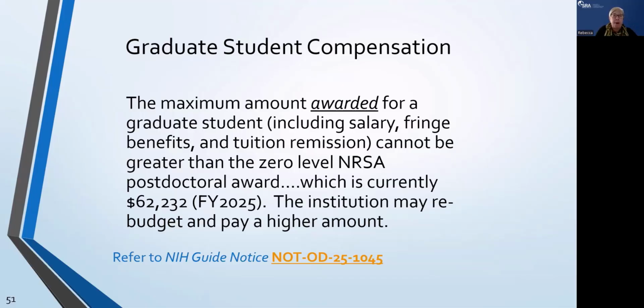With the salary cap, you will be awarded at the salary cap, and you can only pay the individual at the current salary cap, which may go higher. With the graduate student, you can rebudget and pay at that higher level from day one. NIH is just not going to give you any more money.